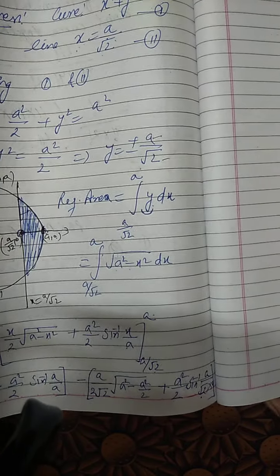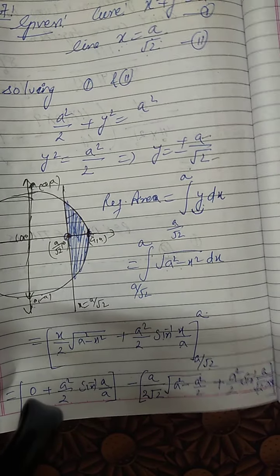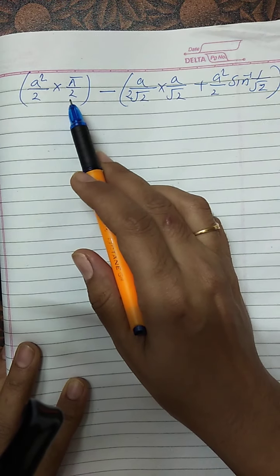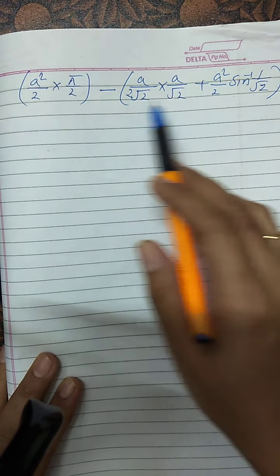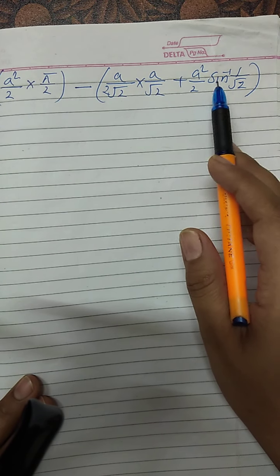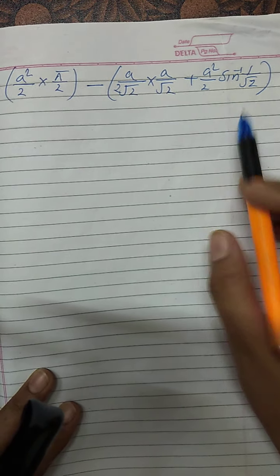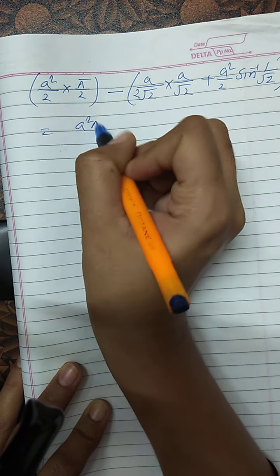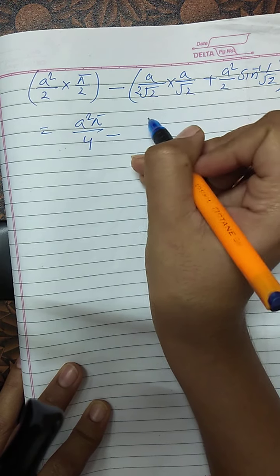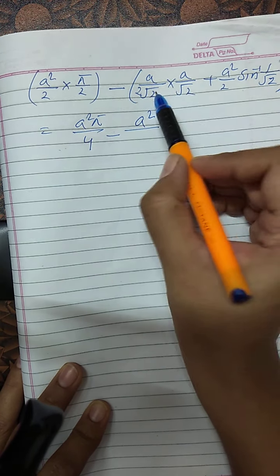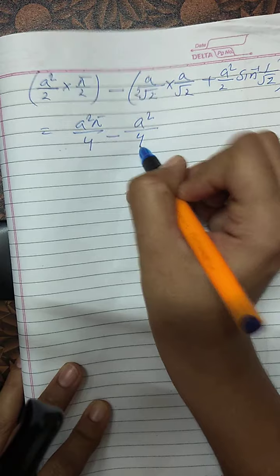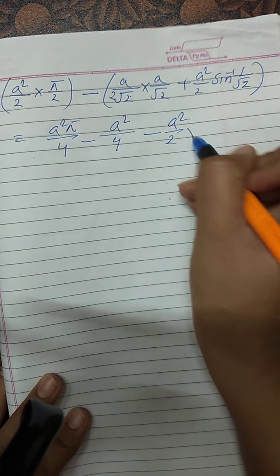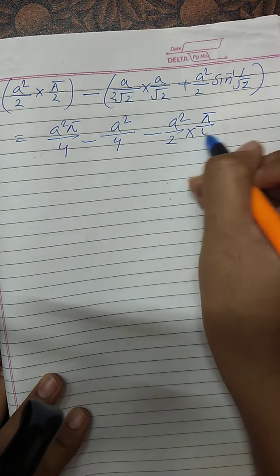I am just shifting it to the next page. Sine inverse 1 is pi by 2, and here a and a cancelled and we have sine inverse 1 by root 2. So in the first bracket we are left with a square pi by 4, minus a square divided by root 2 into root 2, that will become 4, minus a square by 2 into sine inverse, that is pi by 4.